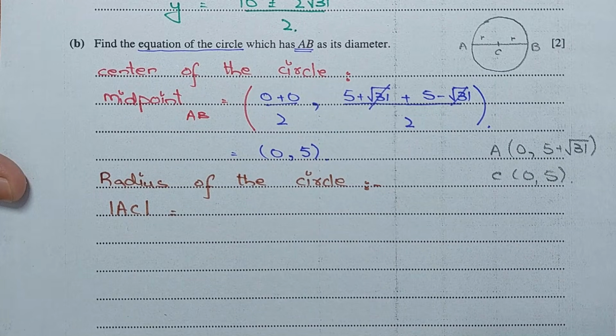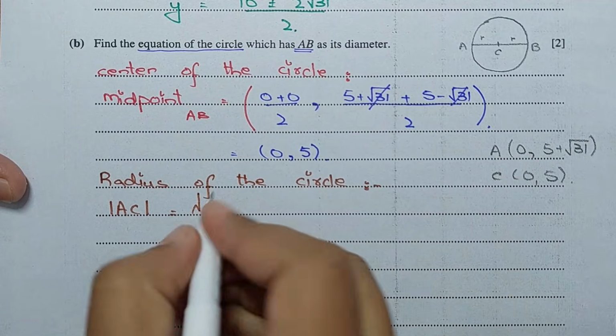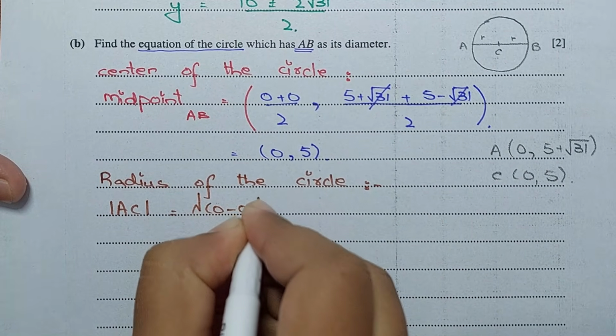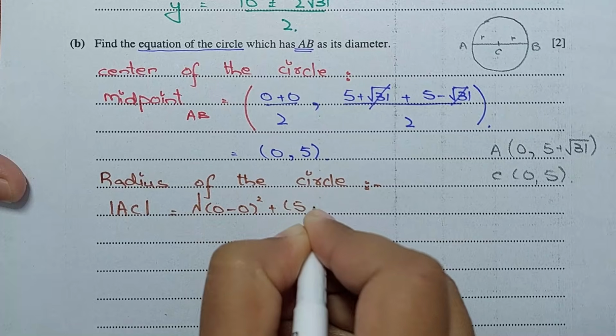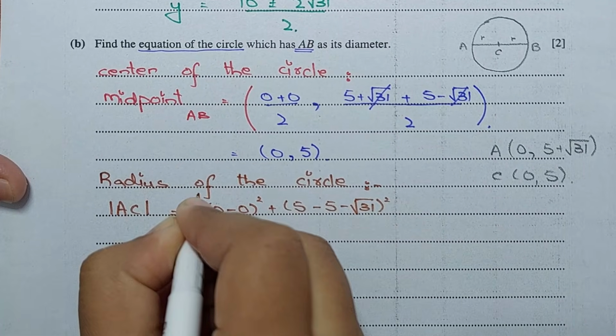Now, in order to figure out the distance, we can use the formula: the square root of x2 minus x1 whole squared, 0 minus 0 whole squared, plus y2 minus y1 whole squared.